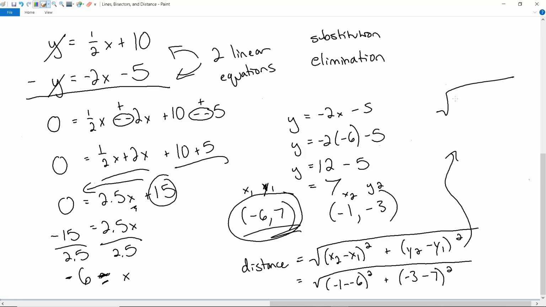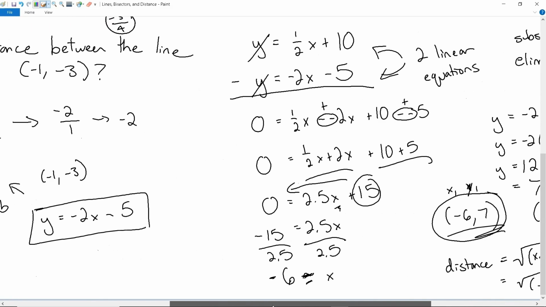The negatives are going to cancel out, so it'll be a -1 plus 6, which should be a 5 squared, plus -3 minus 7, -10 squared. That will be a 25 plus 100, and that ends up being the square root of 125.